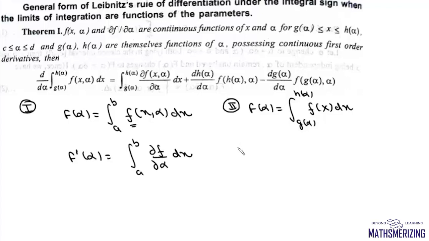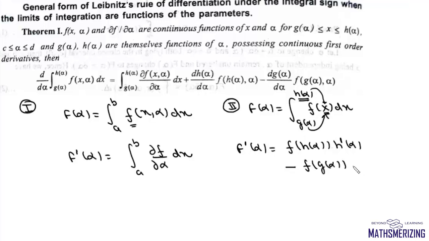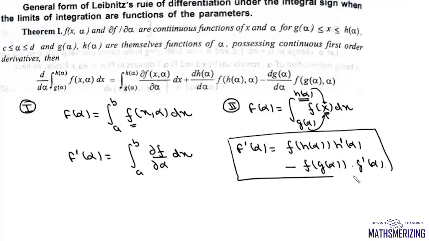Now if we differentiate it, F dash alpha will be equal to, in place of x, we write the upper limit, so it'll be f(h(alpha)) into the derivative of the upper limit, h dash alpha, and then minus, we put the lower limit, so it'll be f(g(alpha)) into g dash alpha. So that is the second form of the Newton-Leibniz formula.